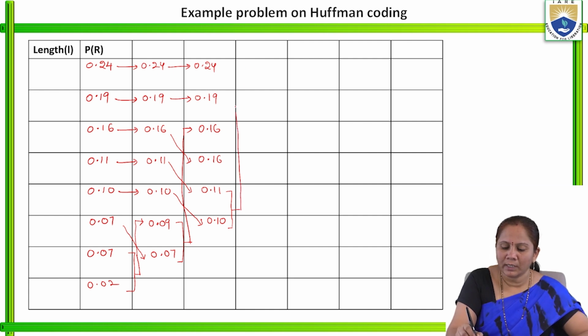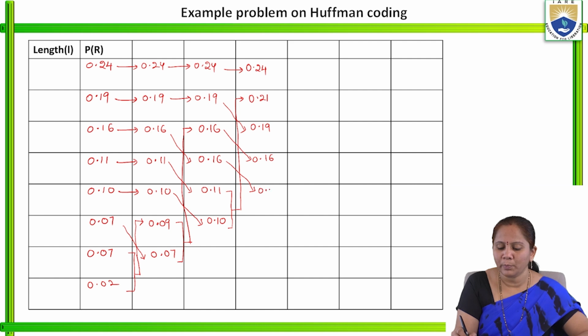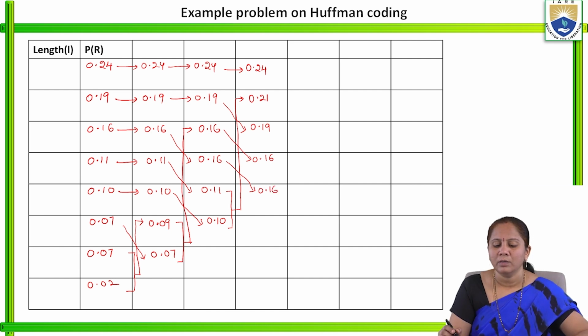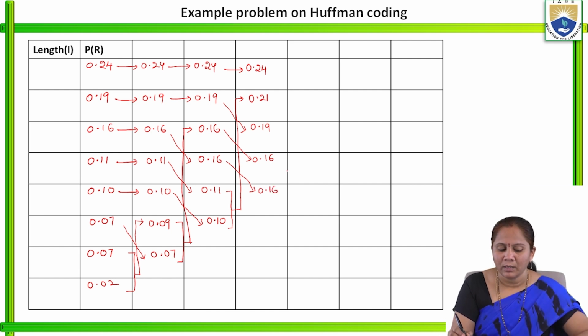So here comes 0.21. This will be the same, 0.24, and this value 0.19 will be coming here, and here 0.16, and this is 0.16. Now these are the two bottom symbols.